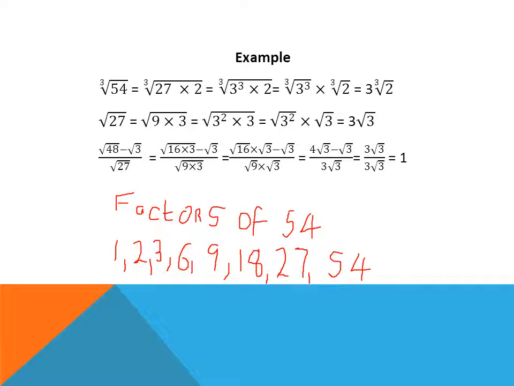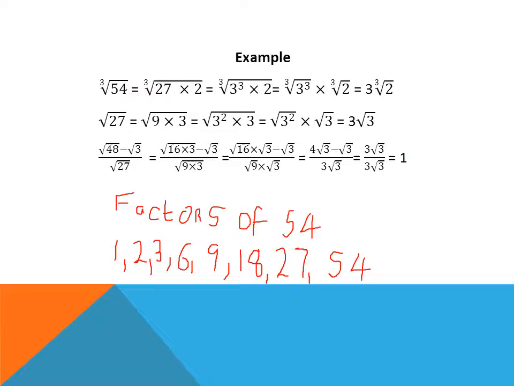How do we simplify? If you are asked to simplify, first of all, you have to find the factors of the radicand as I gave to you in the explanation. So the factors of 54 are the numbers that can divide 54 without a remainder.